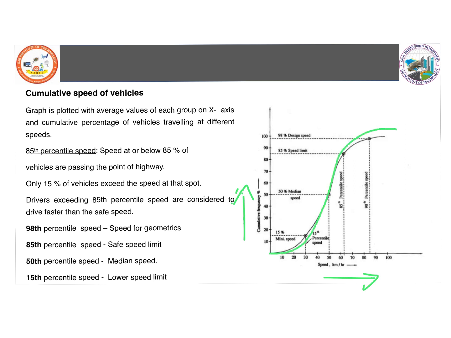Once you have this curve, note down the 15 percentage, the 85 percentage, and the 98 percentage. At these percentages, draw a horizontal line and then drop it down. The speed value you get is called the 15 percentile speed.